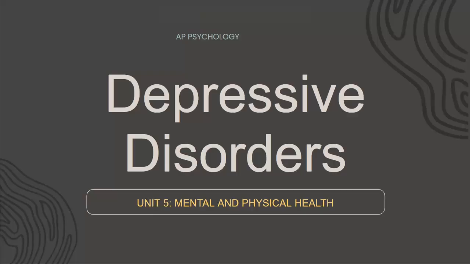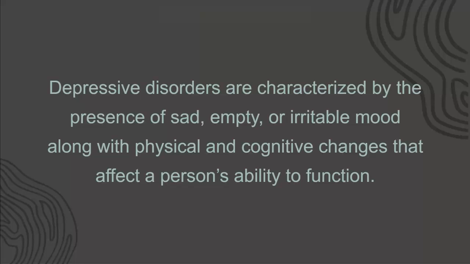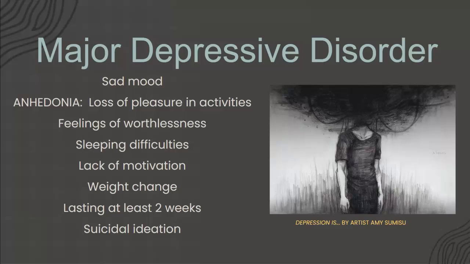Our next category are the depressive disorders. Depressive disorders in general are characterized by a prolonged, sad, empty, or irritable mood, or just a change in mood overall. Because when we talk about bipolar, it's not sad all the time, it's also manic. So it's a prolonged change in mood. There can be physical and cognitive changes, but all of them prevent the person from functioning normally.